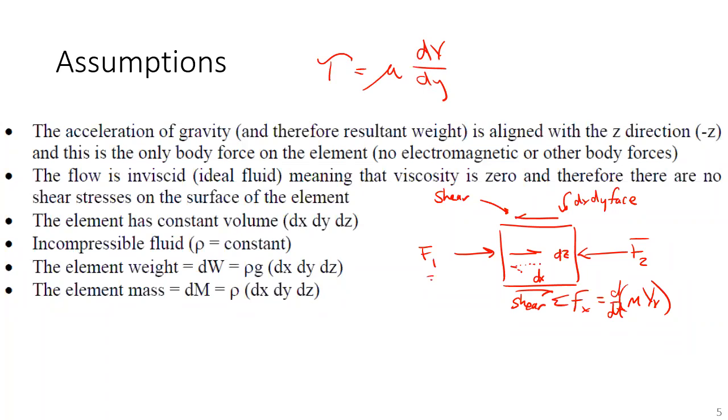Well, it's for objects that are moving going past objects that are still. When you have differences in velocity throughout a fluid, this was Newton's law of viscosity. And the shear stress is equal to the viscosity times the velocity gradient. There were two problems on exam 1 that used this.